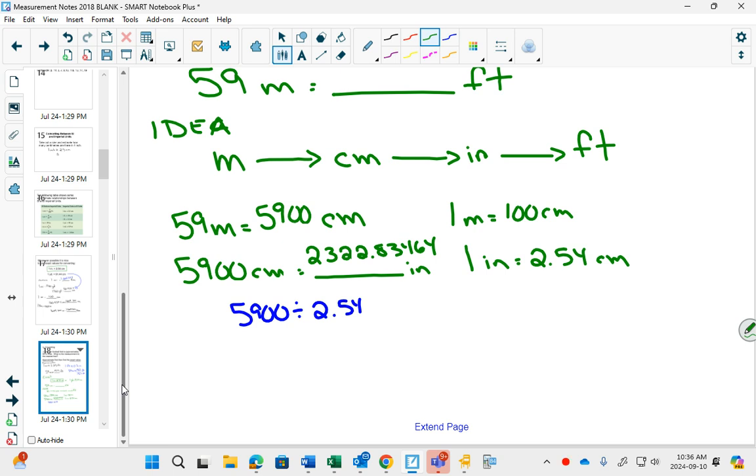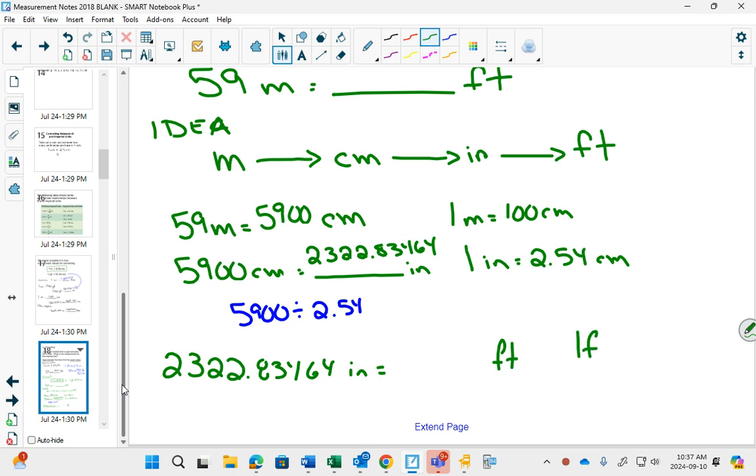When getting an exact value, we can't round because then it's no longer exact anymore. So we have to keep all of the decimal places that show up on our calculator. And now we can take this 2322.83464 inches and we can change it to feet.